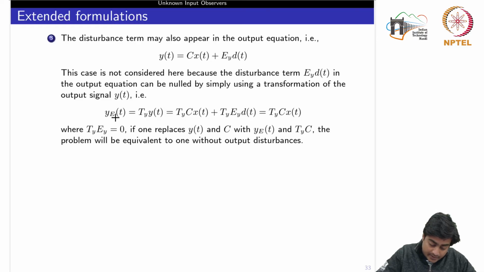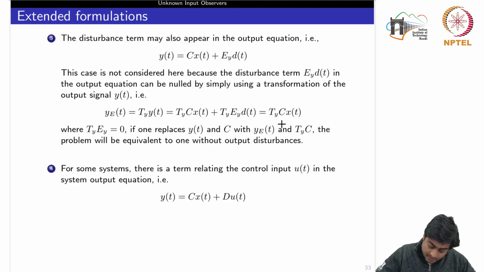So instead of taking y as an output variable, I am now taking y e, which is equal to Ty C x(t), and this would become my new C matrix, let's say C tilde.